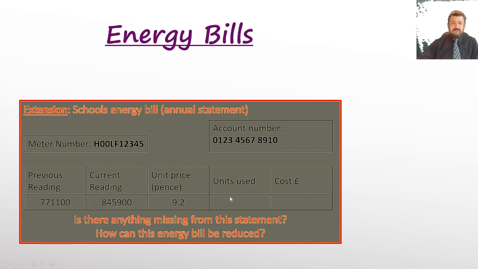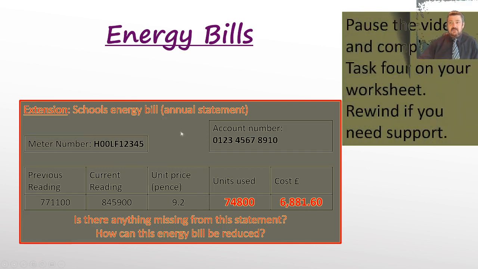It's an alternative way of looking at it. The units we've used is the current reading minus the previous reading. In this case, 74,800 units. £6,881.60 is the energy bill. Typical school, not our school, we're very energy efficient, for the year.